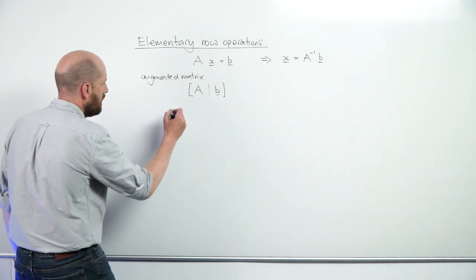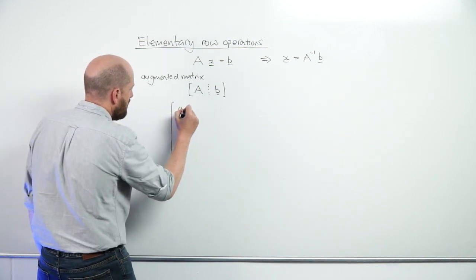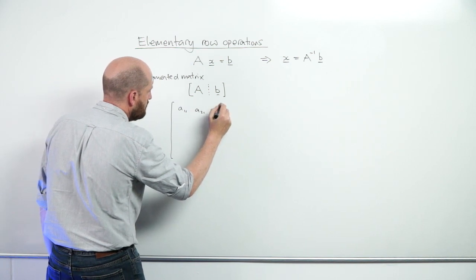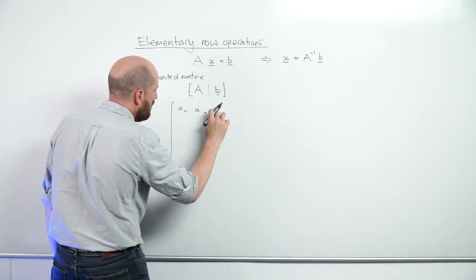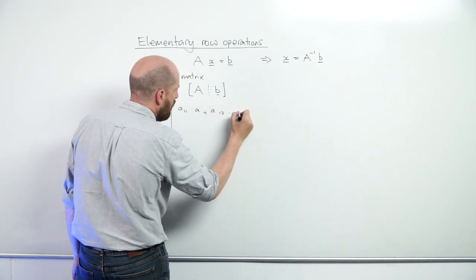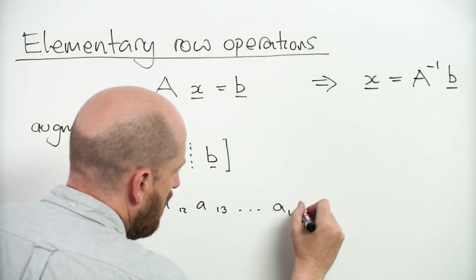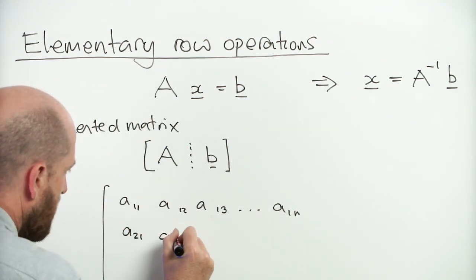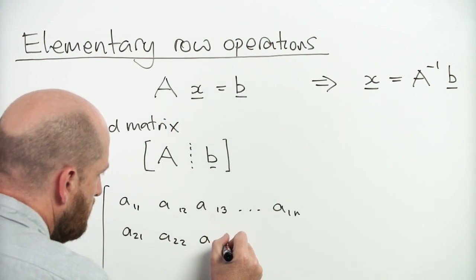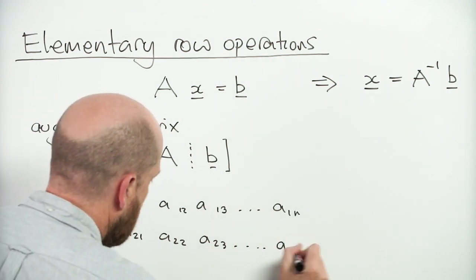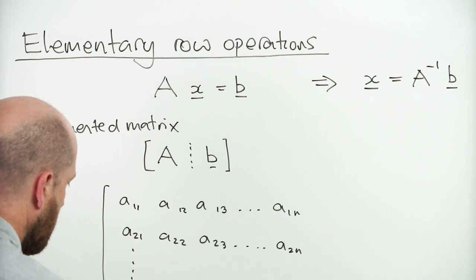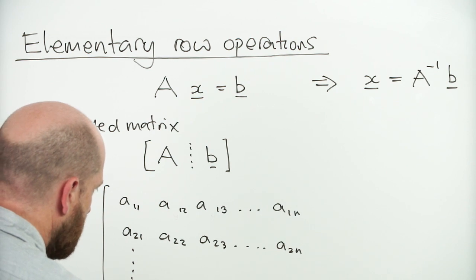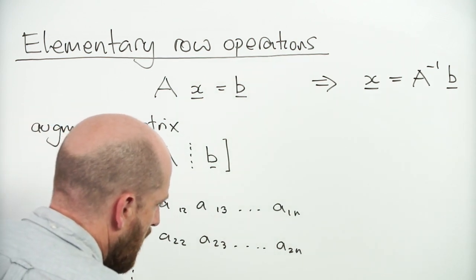So this matrix here will look like the matrix elements in A. That's A11, A12, A13, all the way up to A1N, and A21, A22, etc. And all the way down to the final one, which will be AM1, AM2, all the way across to AMN.